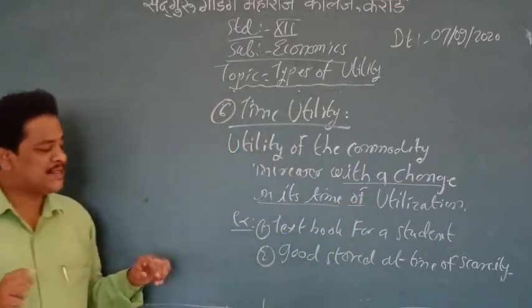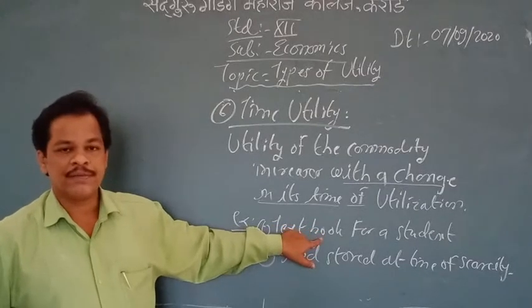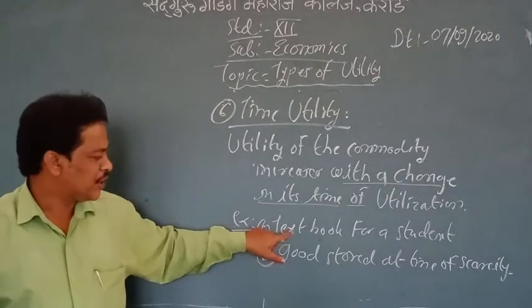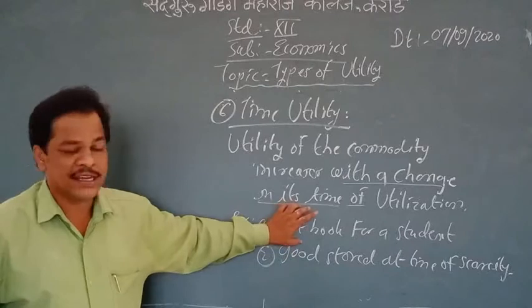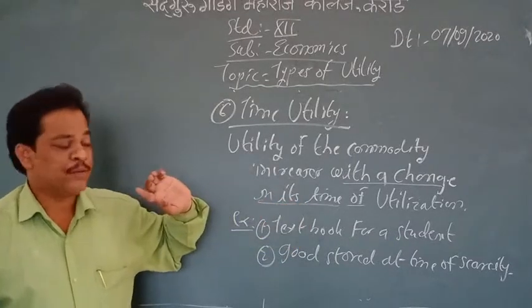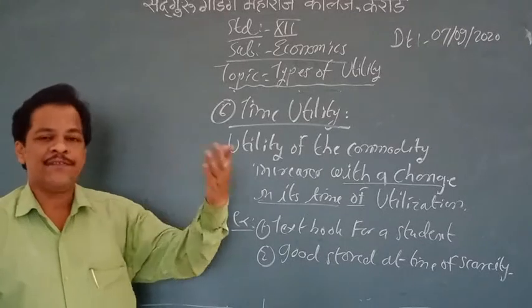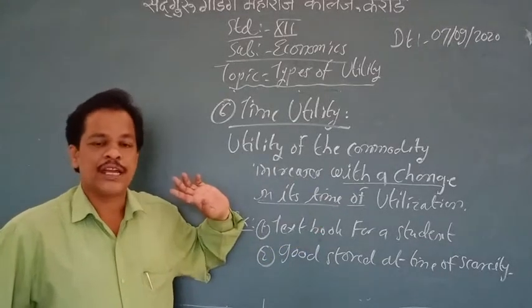I will give an example. Suppose a student is studying in 12th standard. What is important for that student? He is going to use the textbook. A textbook is very important for that student when he is going to learn something from that book. Since he is in 12th standard, it is important for him to use the textbook for 12th standard. Once he has completed the examination, it is not useful for that student.